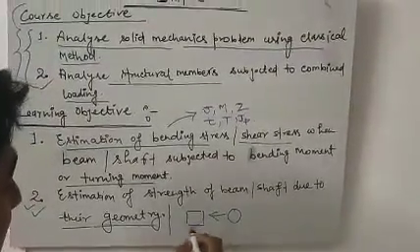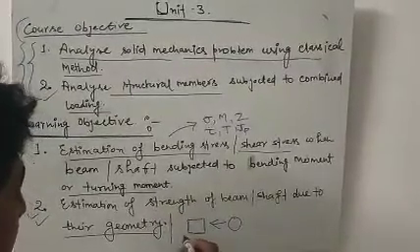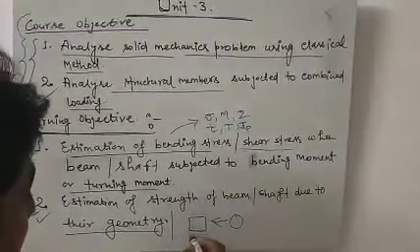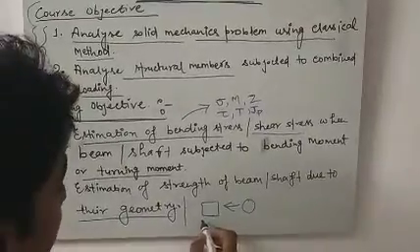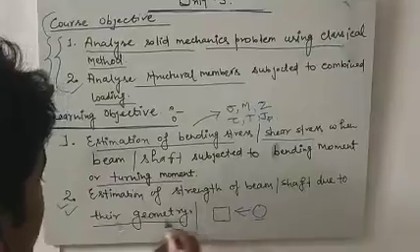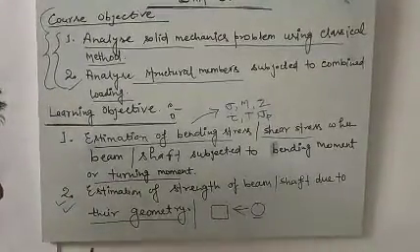We have seen it in our college, in our classroom: the beam is of rectangular cross section. We never found a concrete beam of circular cross section. Why do we choose a beam of rectangular cross section over circular cross section? This second learning objective will answer that.